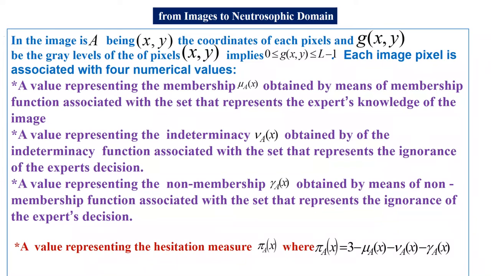A value representing the non-membership, obtained by means of the non-membership function associated with the set. A value representing the Hessian measure, where h of x equals 3 minus the sum of the three membership functions: membership, non-membership, and indeterminacy.